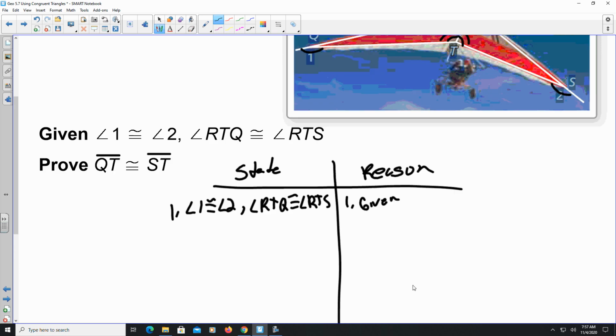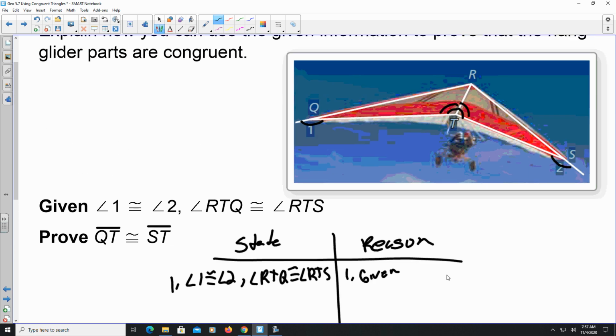From here, all we have with respect to the two triangles, they want you to prove that QT is congruent to ST. But in order to do that, I want to see if triangle RQT and triangle RTS are congruent first, and then I can make a conclusion that those line segments are congruent.